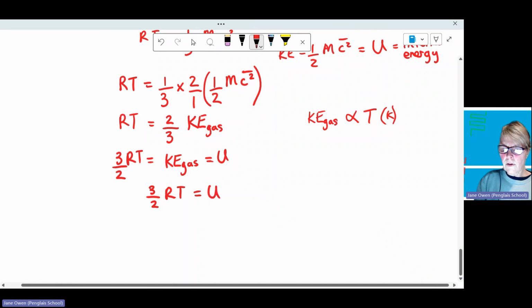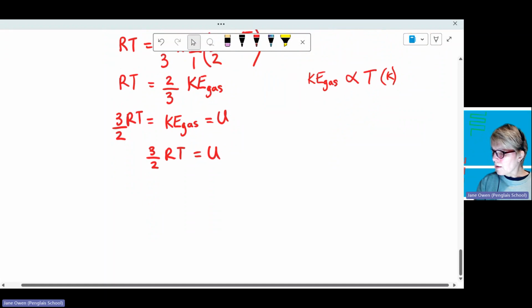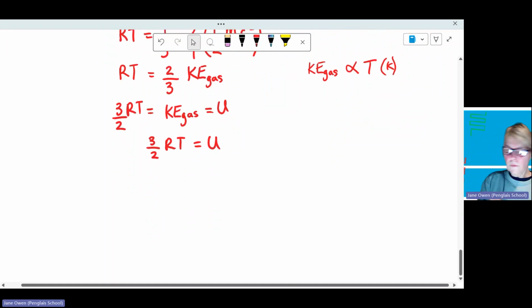Now that is looking in terms of moles, so that's for the gas. We can also do it in terms of molecules.